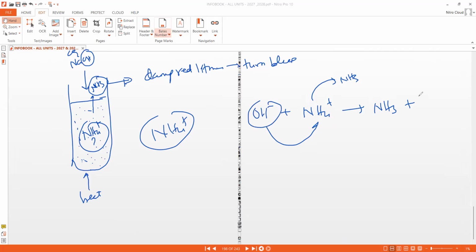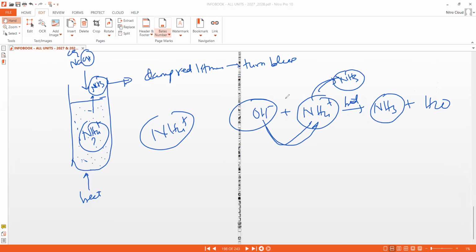That H plus goes with this OH minus to form water. So that's why if any ammonium ion is there, you add sodium hydroxide or any hydroxide and heat. You need to heat this. Hydroxide will displace ammonia, take out ammonia from ammonium, and ammonia will be a pungent gas which will turn damp red litmus paper blue. Okay, so these are all the tests for cations.